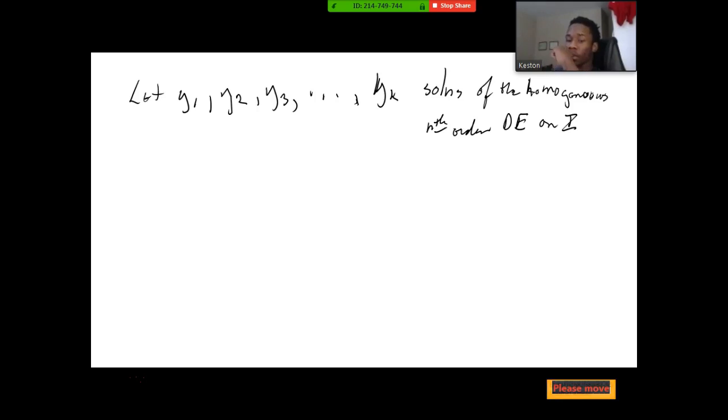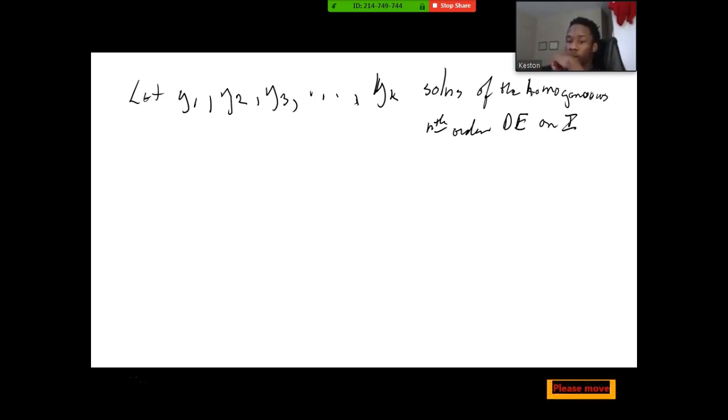Well, k may be something less than n. But these are just a number of solutions of an nth order differential equation on some interval I.